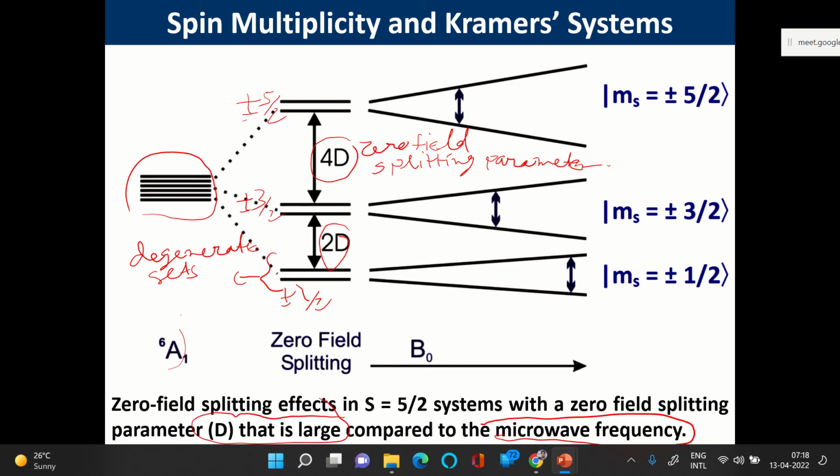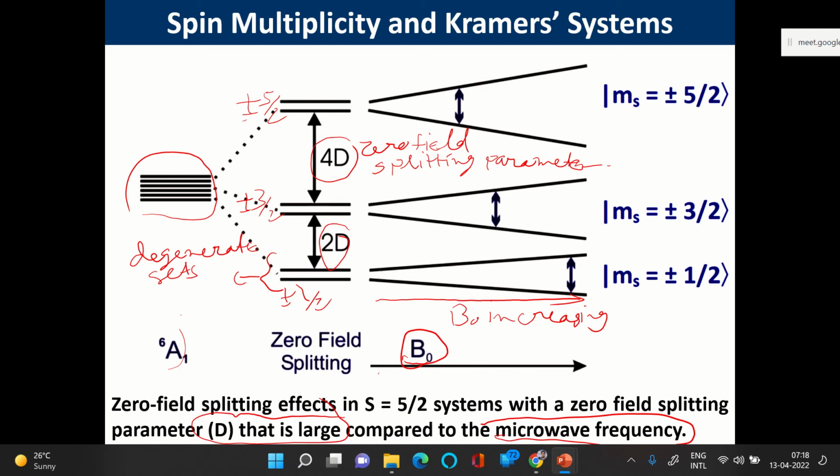Then the second scenario is when we apply a magnetic field, and as the magnetic field B naught increases, accordingly you can have the splitting. Then these two degenerate sets become non-degenerate, and there is a splitting between them. So you can expect transitions between each of these pairs, plus half, minus half, and like that.